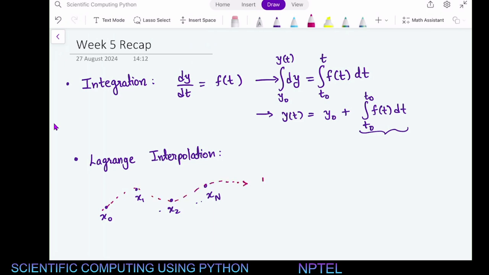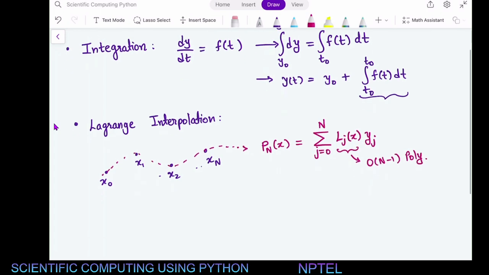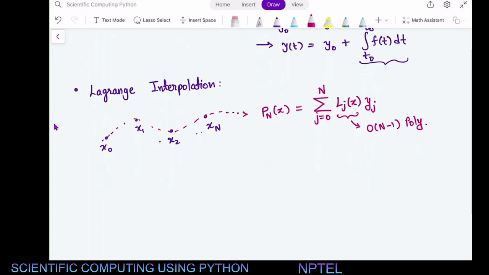It was this Pn of x, which was given by sum over all this yj, and then some coefficients which are the Lagrange polynomials. j is from 0 to n. And then each Lj was an order n polynomial. And we knew the formula.